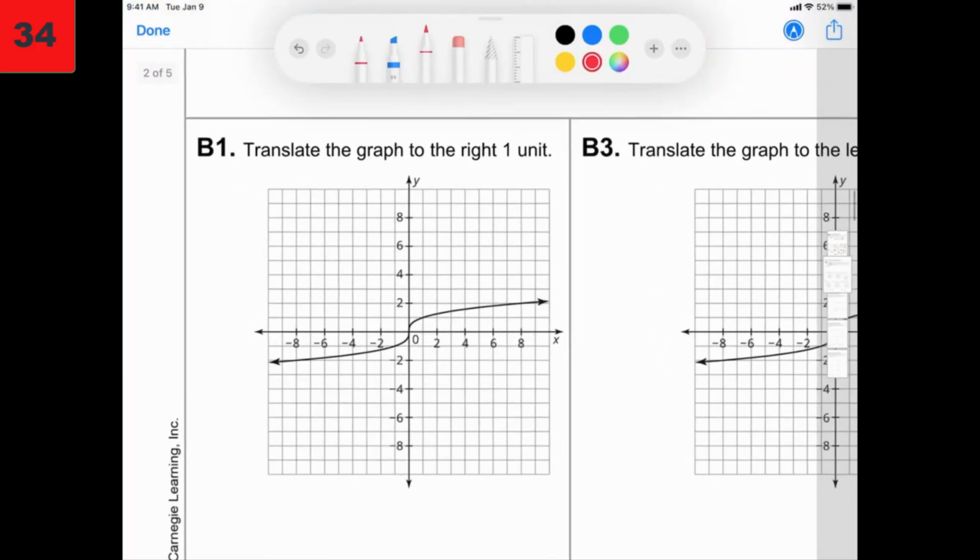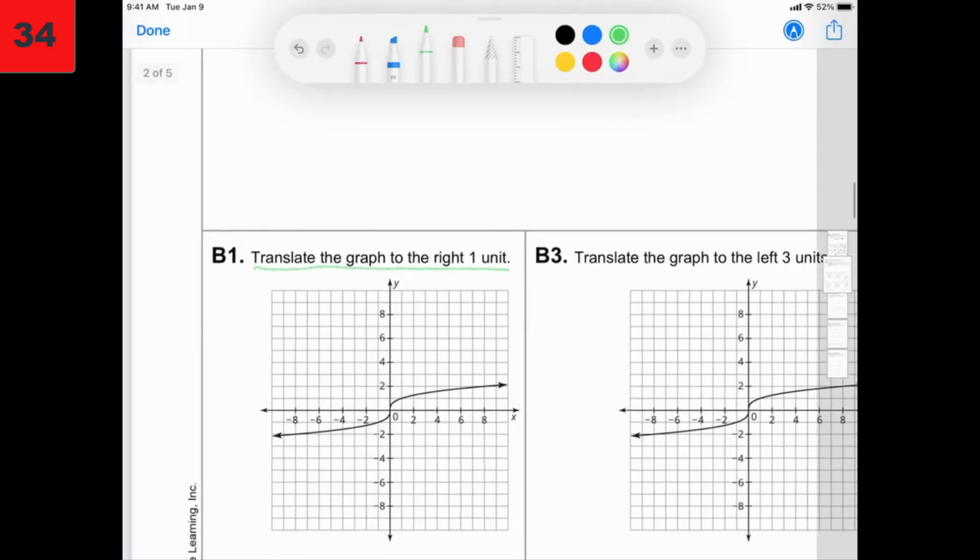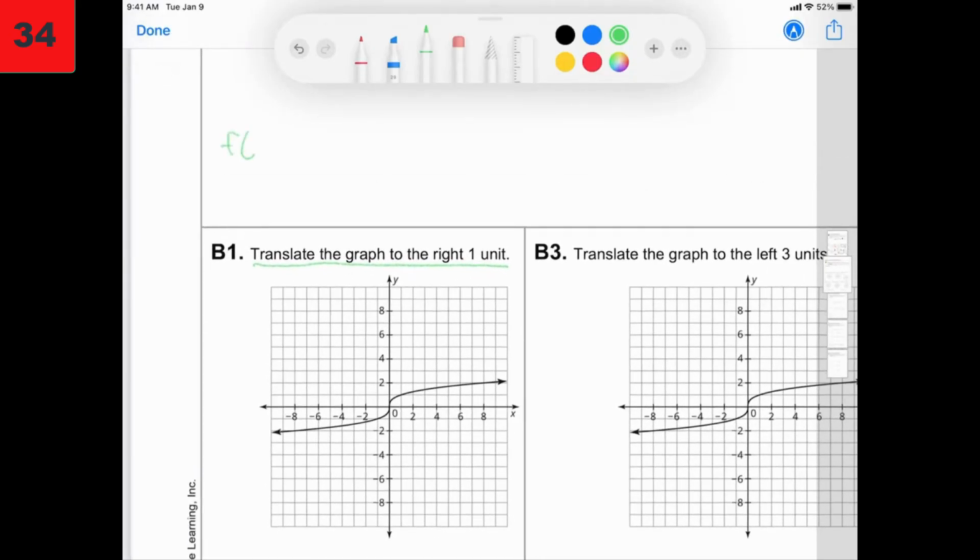Let's look at number 1. The first thing I'm going to do is probably write an equation and then we can graph it. So how do I take these words, translate the graph to the right 1 unit? Okay, so which letter is this? Go ahead and write it out. D's on the outside.